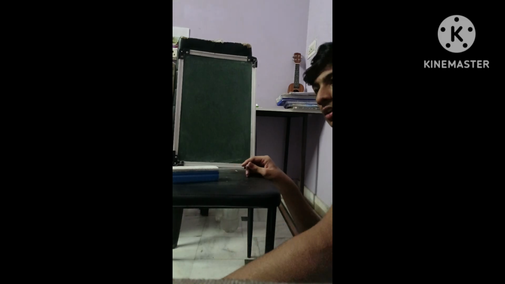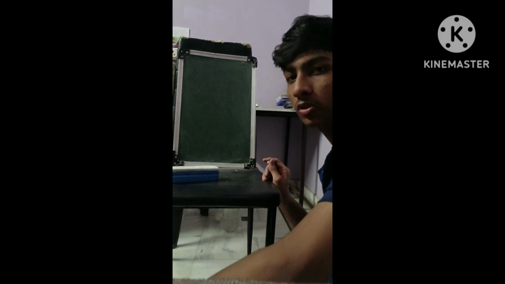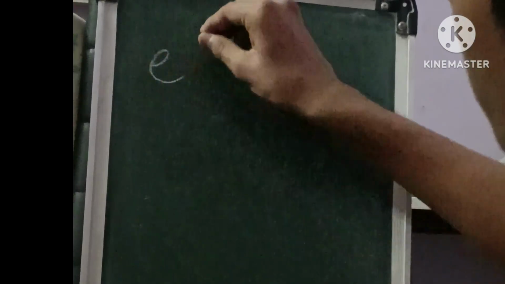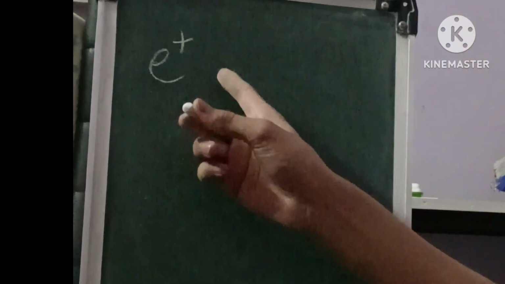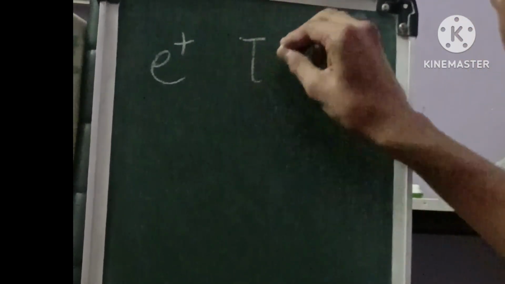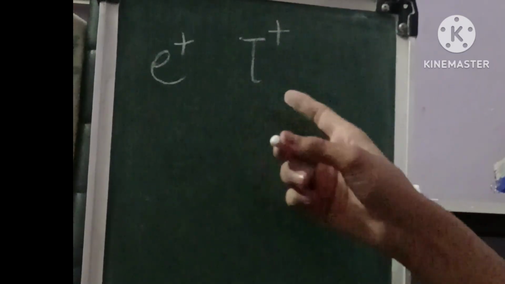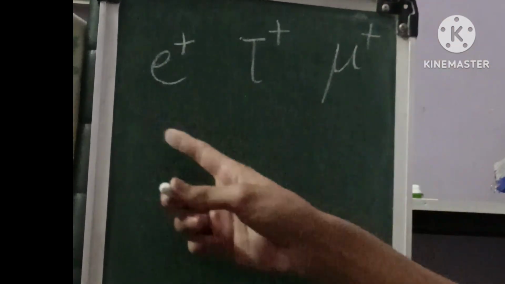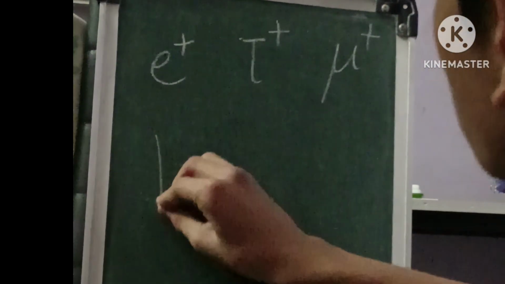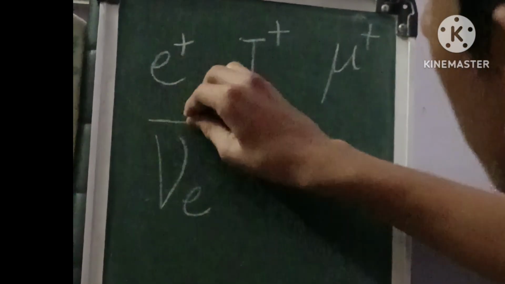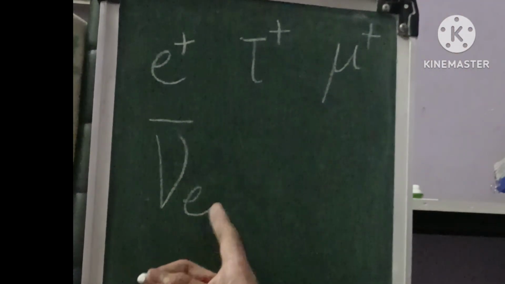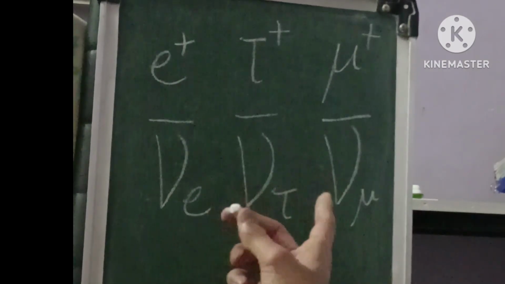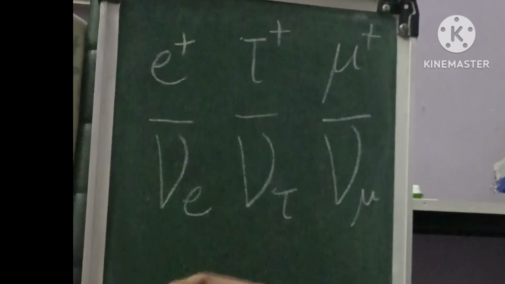For negatively charged leptons like electron, they would become positron, anti-tau, and anti-muon. Whereas for neutrinos, anti-electron neutrino, anti-tau neutrino, and anti-muon neutrino.